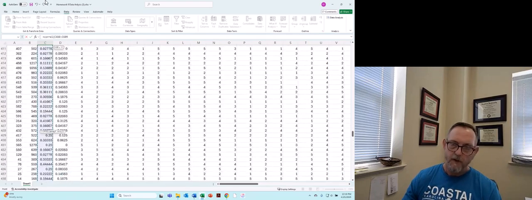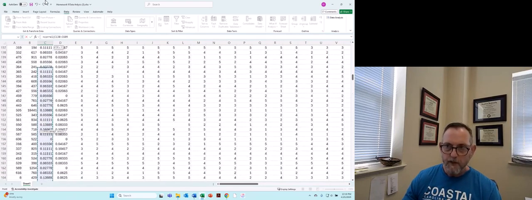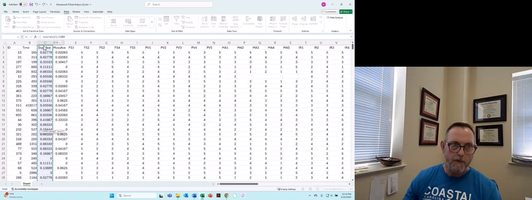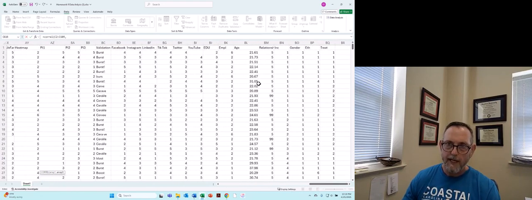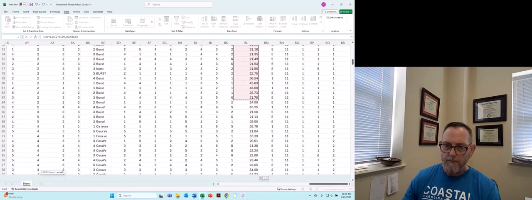So we have our dupe scores based on how many people use these dupes. And then the second one, way over here, we're going to grab age. Now, I hadn't talked about age that much.